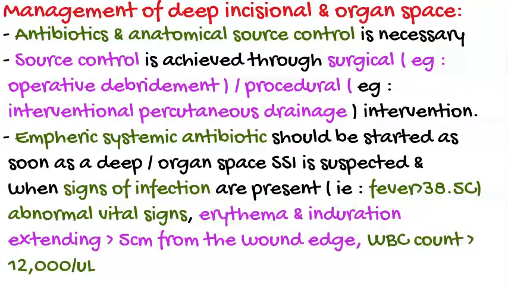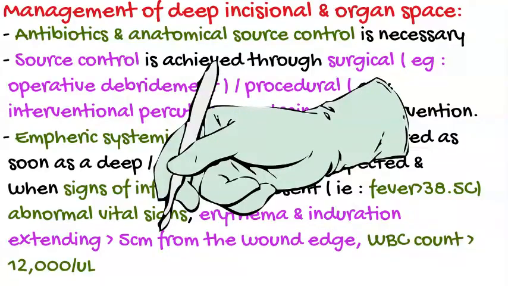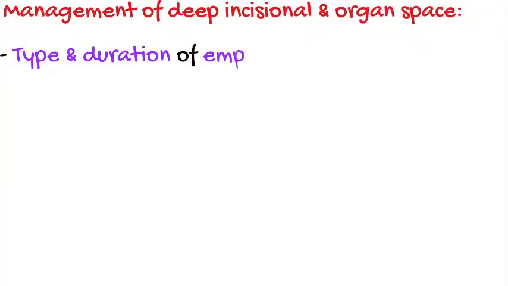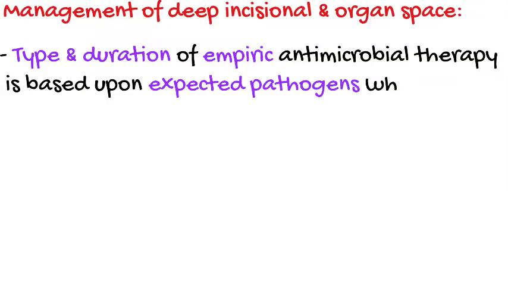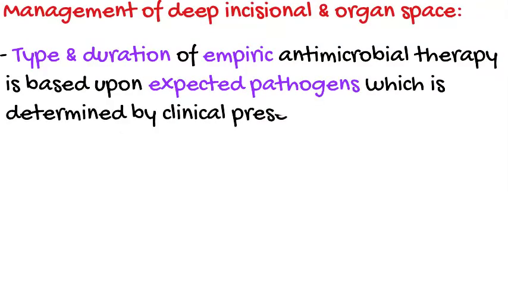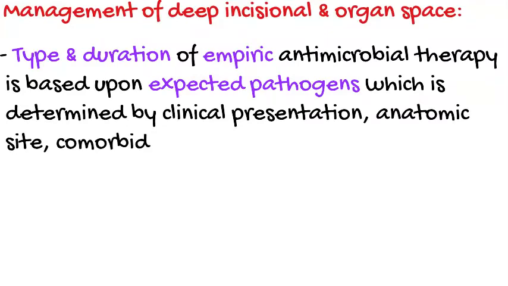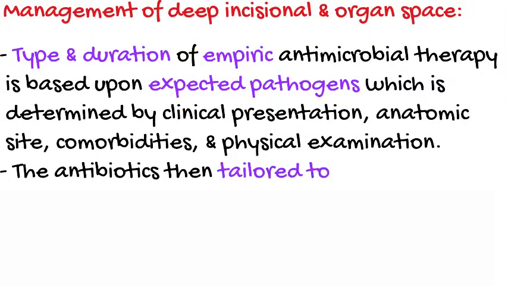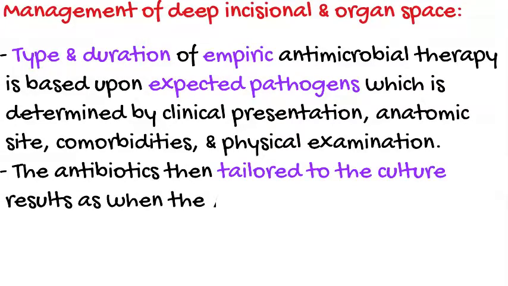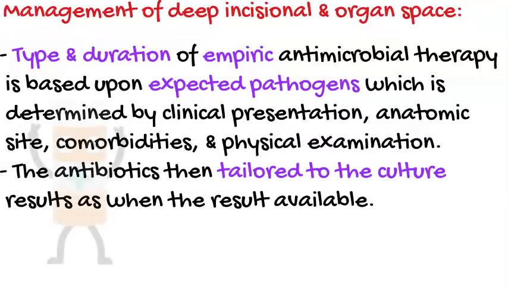White blood cell count more than 12,000 per microliter. The type and duration of empiric antimicrobial therapy is based upon expected pathogens, which is determined by clinical presentation, anatomic site, comorbidities, and physical examination. The antibiotics are then tailored to the culture results when the result is available.